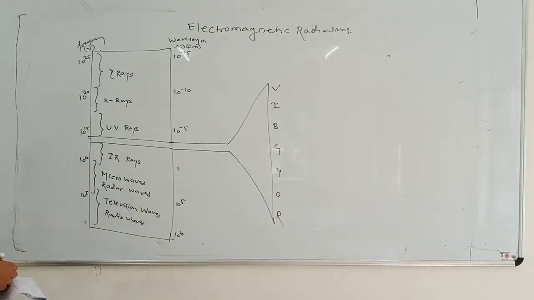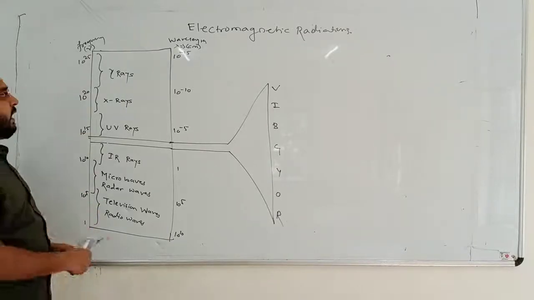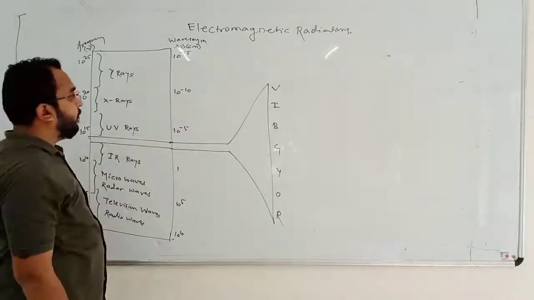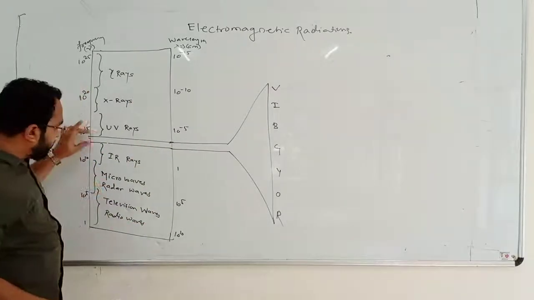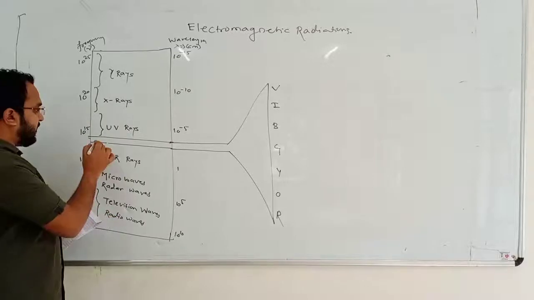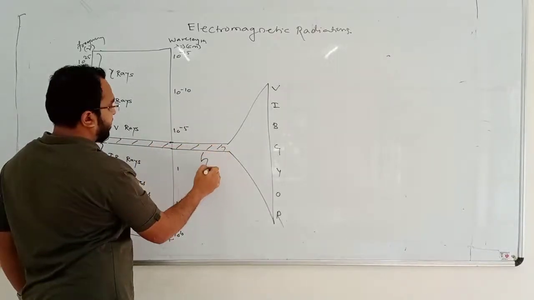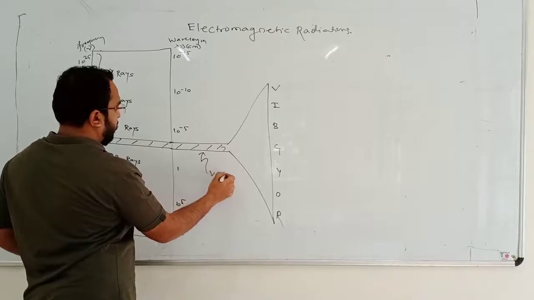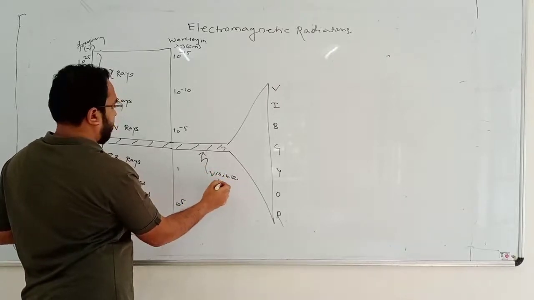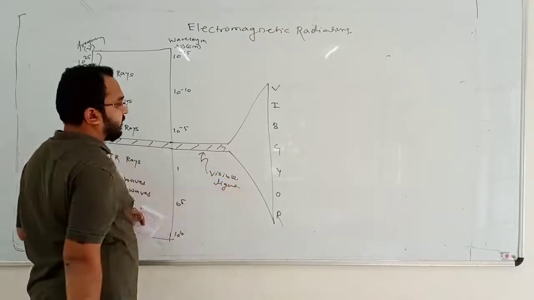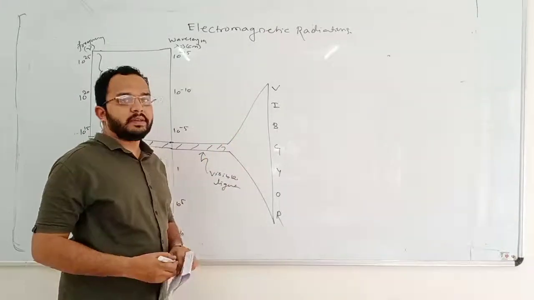So on the left hand side of the spectrum, the scale is of frequency. On the right hand side, it is of wavelength. This middle portion is visible light, that we can see with our naked eyes.